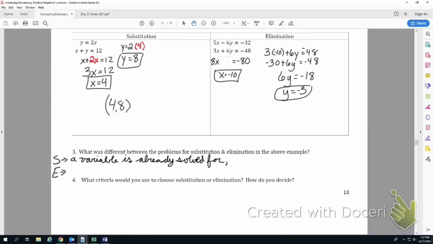Something else I would notice about the substitution problem is that it has coefficients of 1. Ethan, what do I mean when I say coefficients?